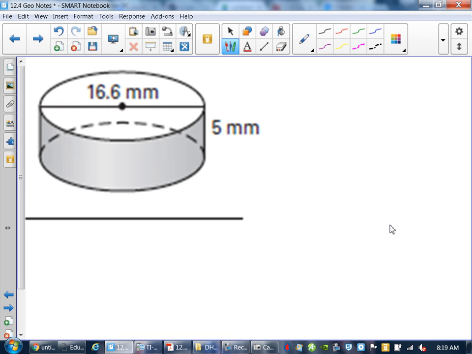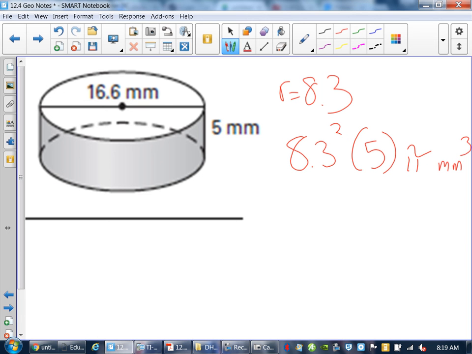The diameter is 16.6, which means your radius is what? So put it together, you get 8.3 squared times 5, and leave pi in your answer, and you get something cubic millimeters.